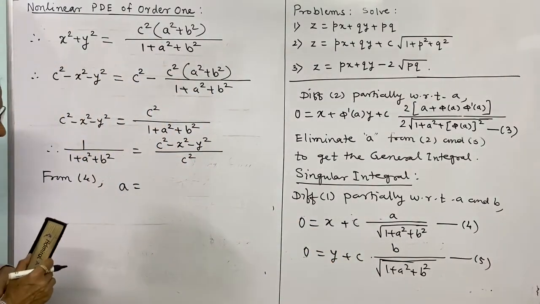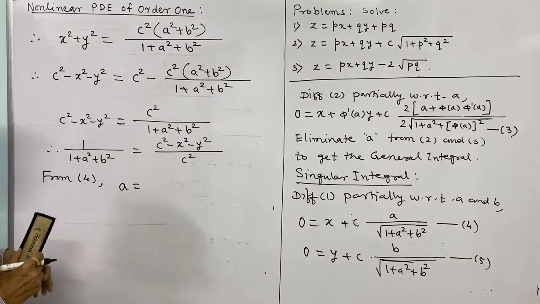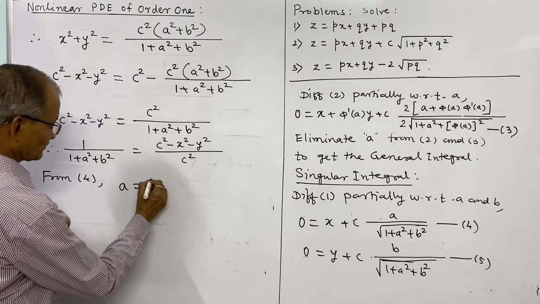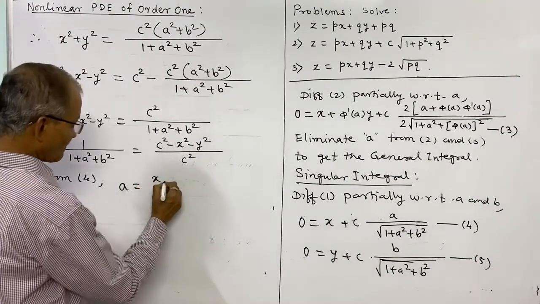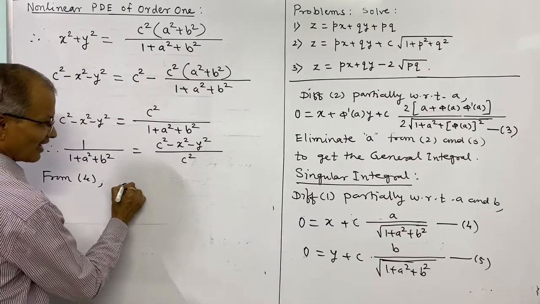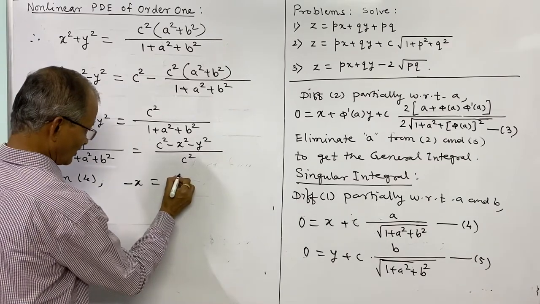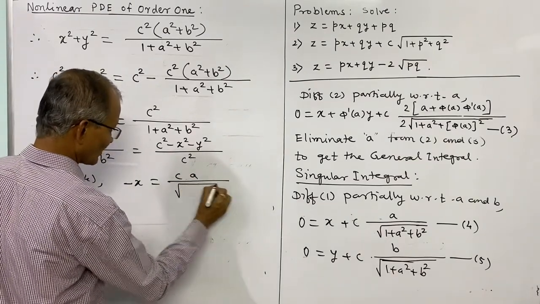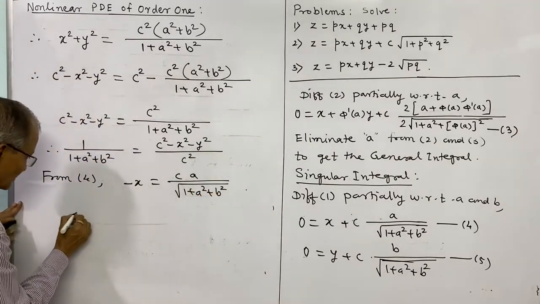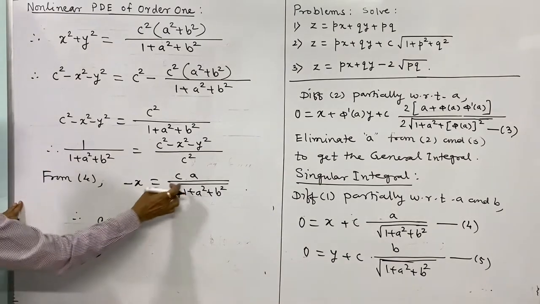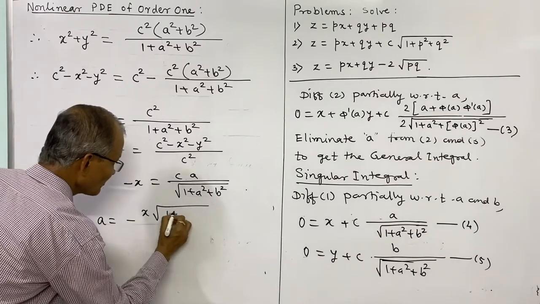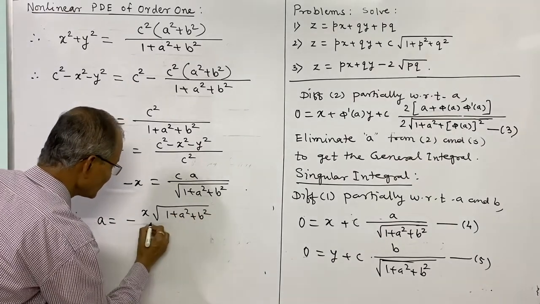We can write the value of a as c into a divided by under root 1 plus a square plus b square. Or from that a is equal to, taking these two terms on this side, minus x into root of 1 plus a square plus b square divided by c.